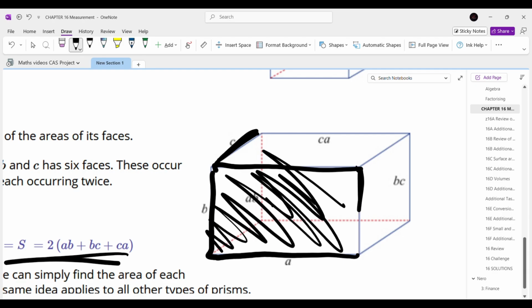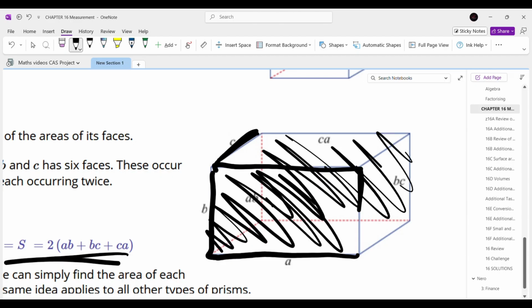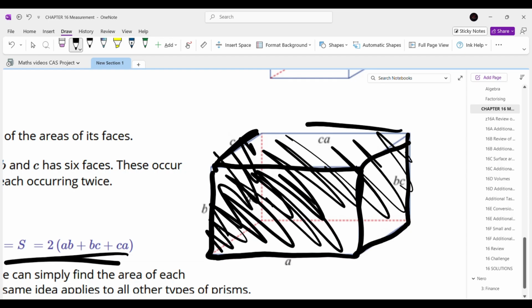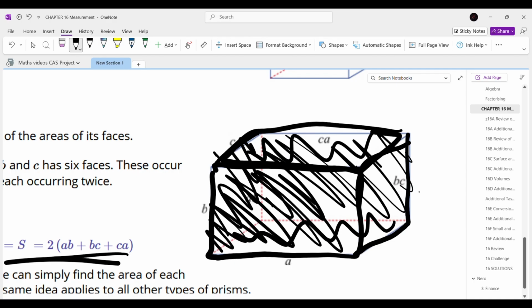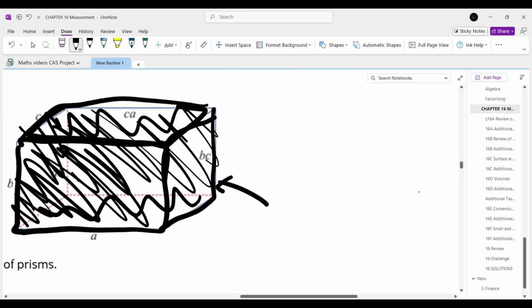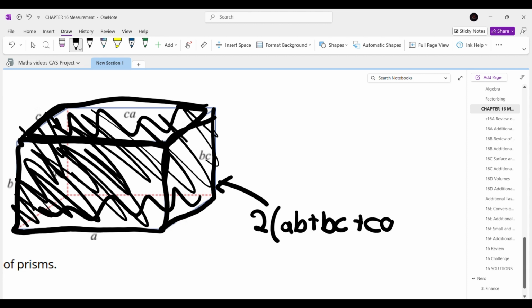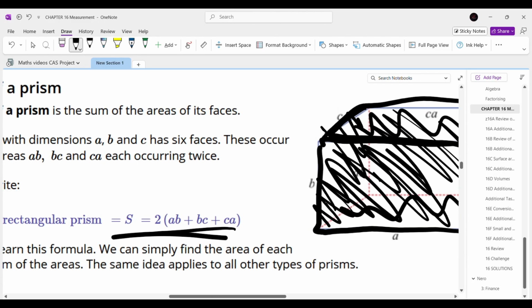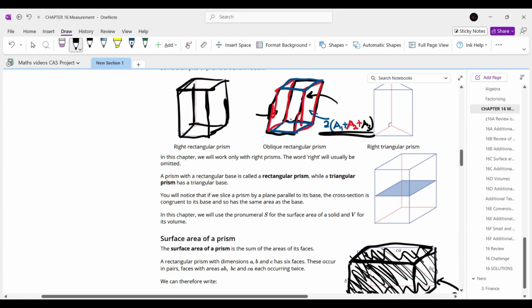Obviously we have it once again repeated on the back. Then we also have BC, which is this area, and it's also repeated on the back over here. And then we have CA, and the area is repeated on the bottom here. And then obviously you just do 2 multiplied by each of the areas, so 2 times AB plus BC plus CA, and that is the same formula that I was kind of hinting at earlier.